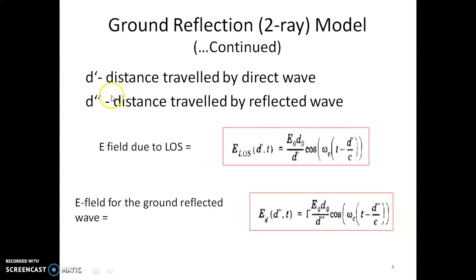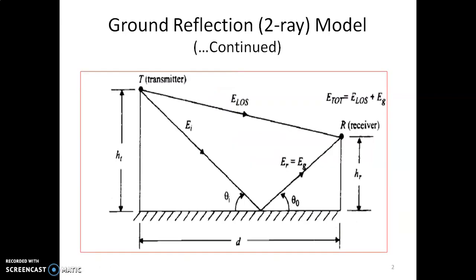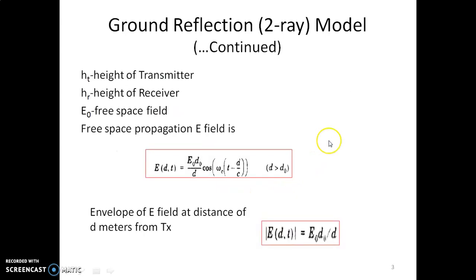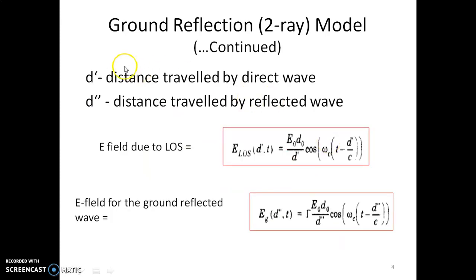Then d dash is the distance traveled by the direct wave, and d double dash is the distance traveled by the reflected wave.